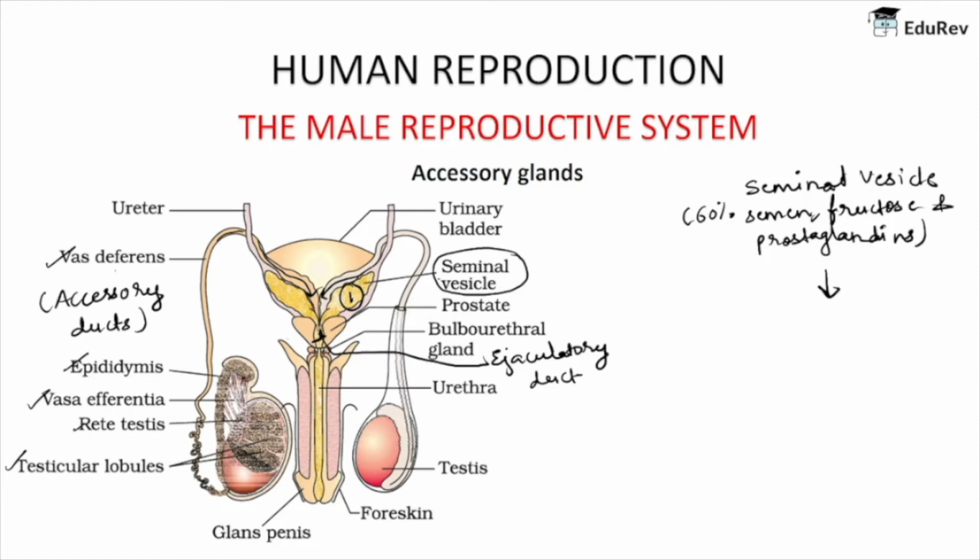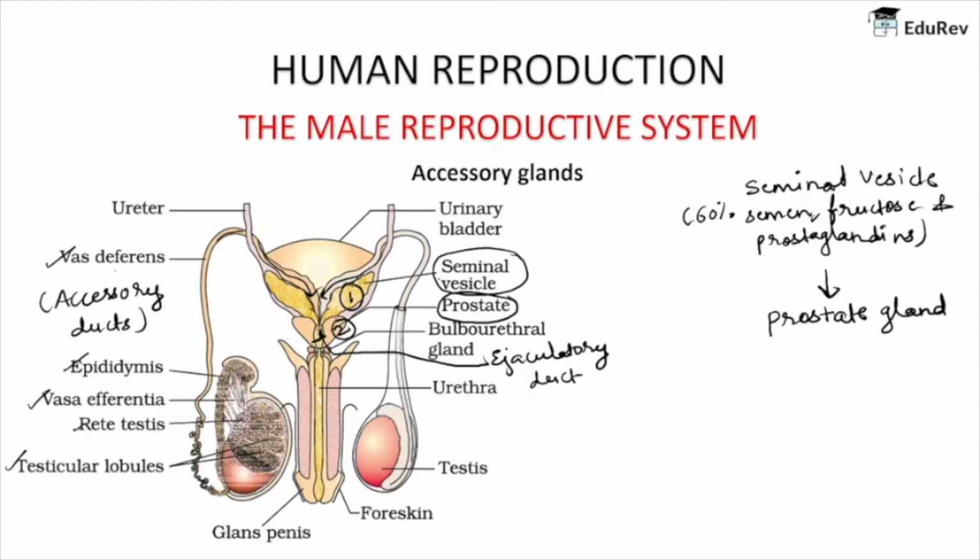Now moving on to the second gland. The next gland is the prostate gland. You can see the prostate gland labeled in the image as well. I am circling the prostate gland. It is single in number. Yes, I will write it down as the second gland here.